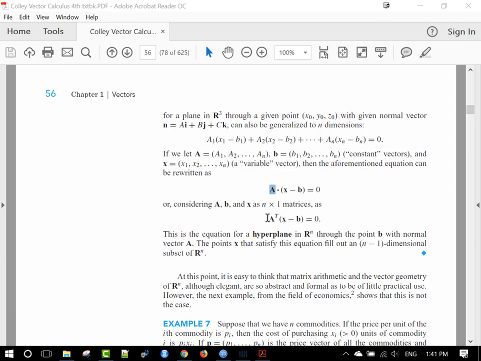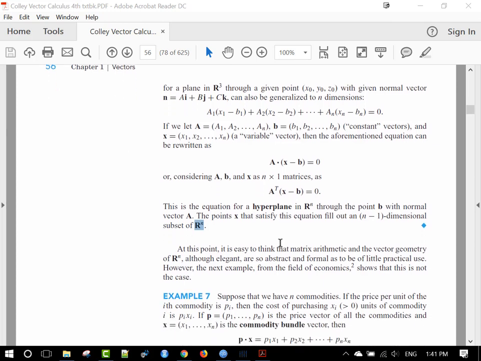So this is the equation for a hyperplane like this. It runs through the point B and is normal to the vector A, and x is an element of Rn. So this is a hyperplane in Rn.